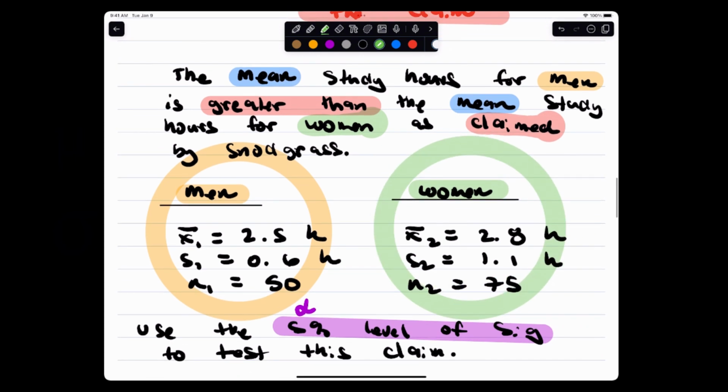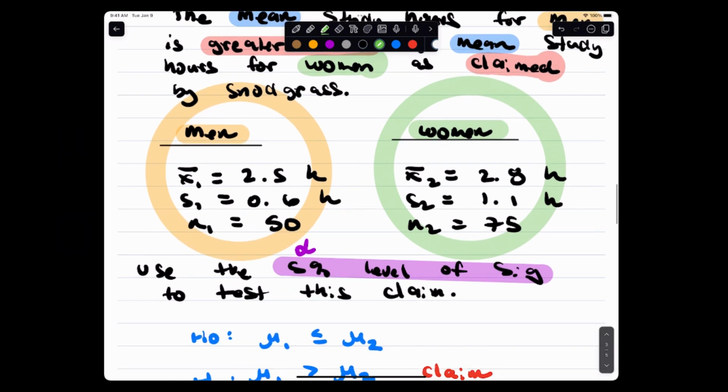Okay, you guys okay with that? Two sample what? T-test.